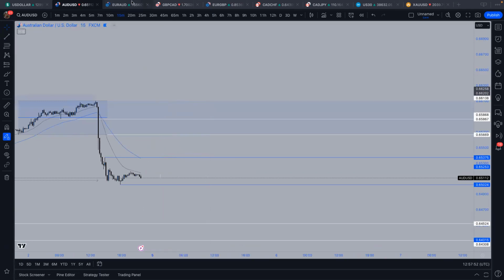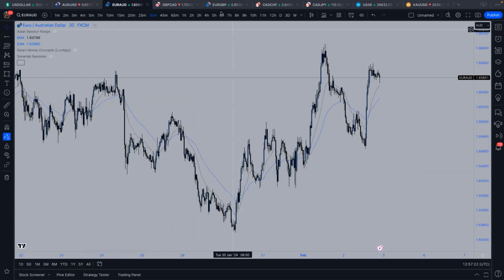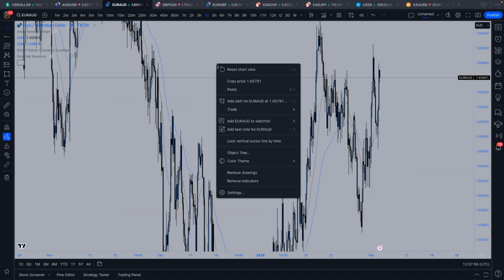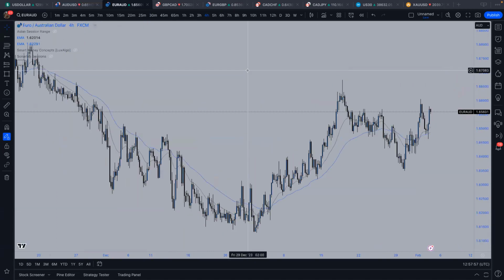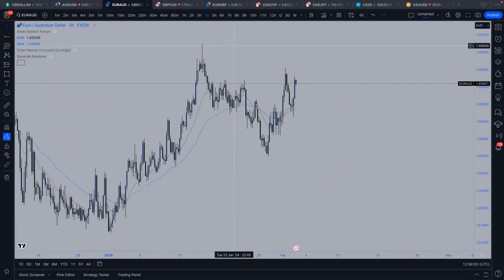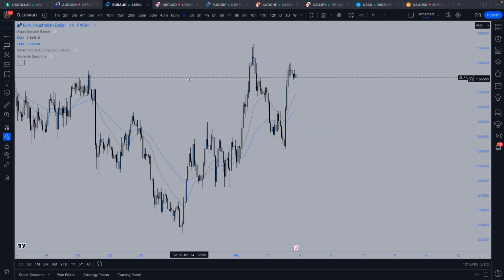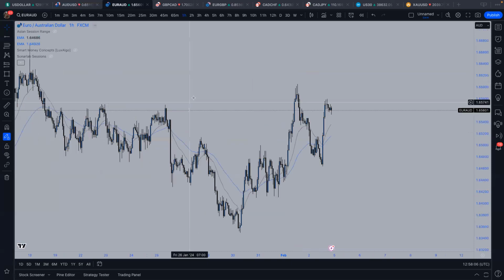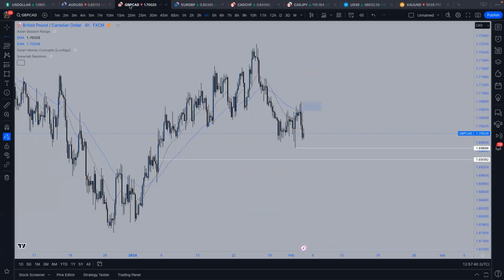So yes, let's see. Euro AUD, I was looking at this, was I? No, I don't think so. We can delete that one. I'm not looking at that. Pound CAD.